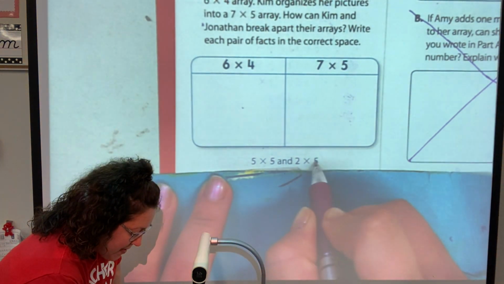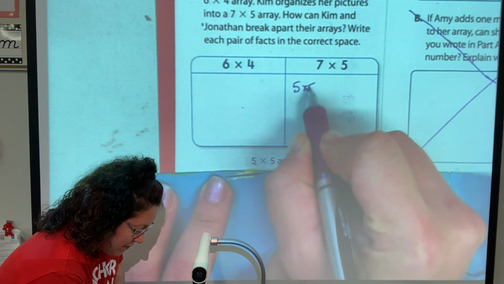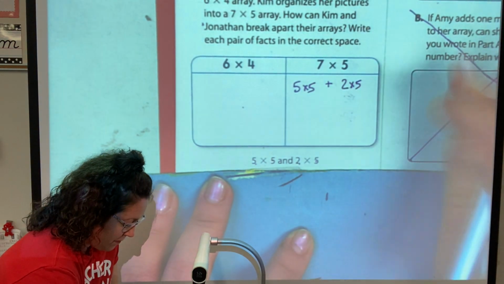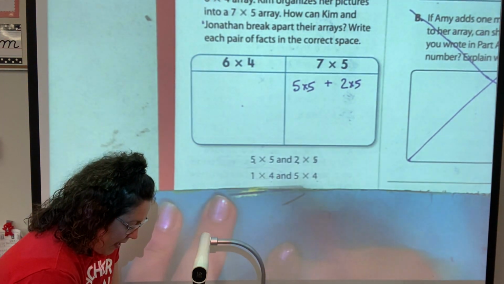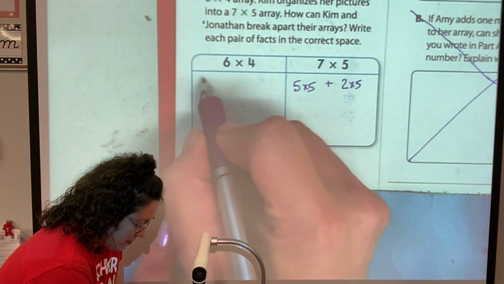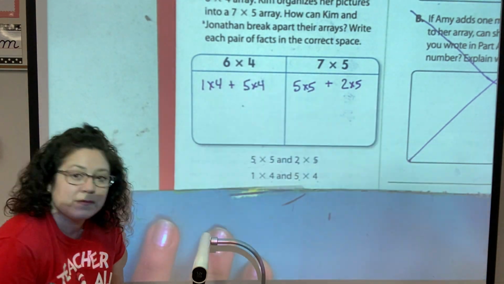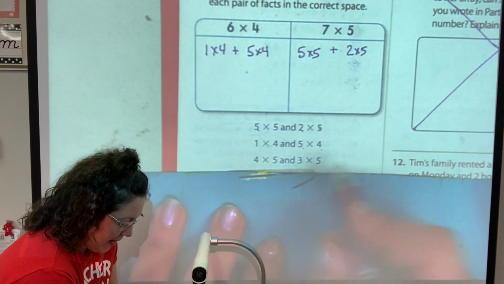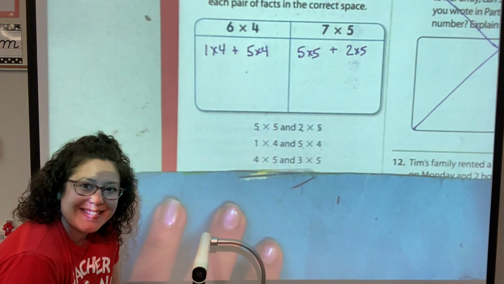So my 5s are the same, and 5 plus 2 is 7. So that one would go there. Okay, my 4s are the same, and 1 plus 5 is 6. So that one would go there. Okay, my 5s are the same, and my 4 plus 3 is 7.